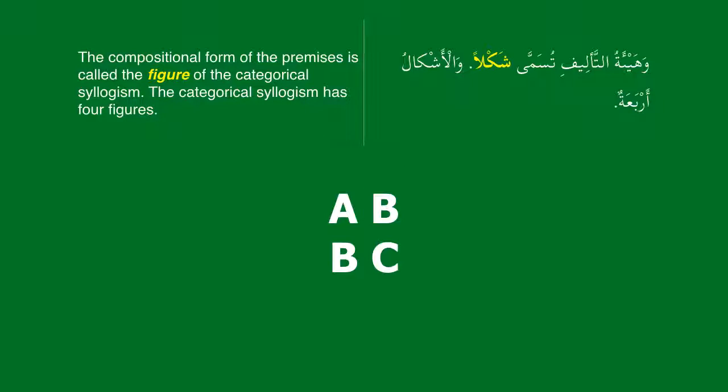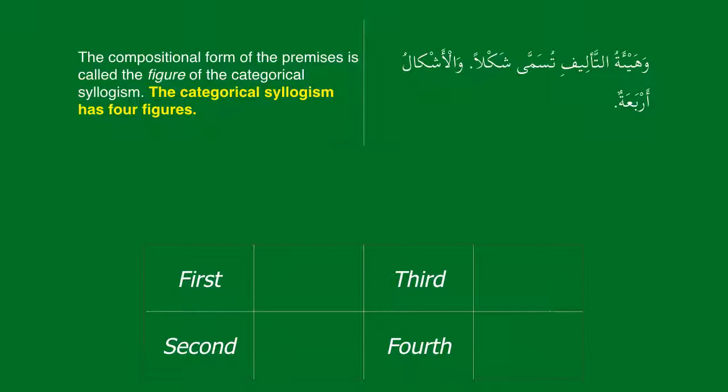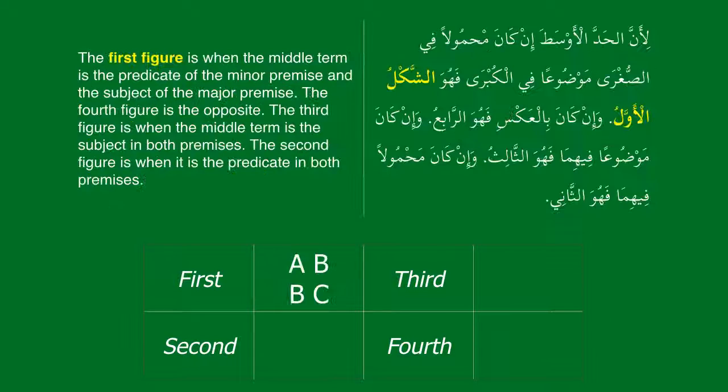So A, B, B, C, this is the compositional form, and the categorical syllogism has 4 figures. Let's go through them one by one. He says that the first figure is when the middle term is the predicate of the minor premise and the subject of the major premise. So the middle term is B. In the minor premise, it's the predicate, the first one. In the major premise, it's the subject.